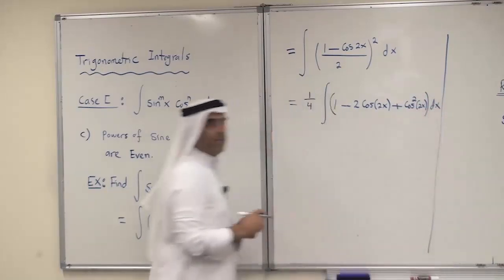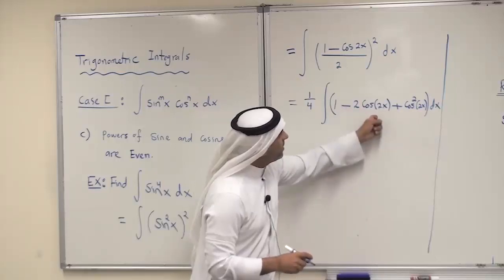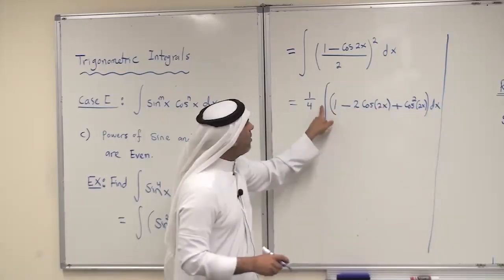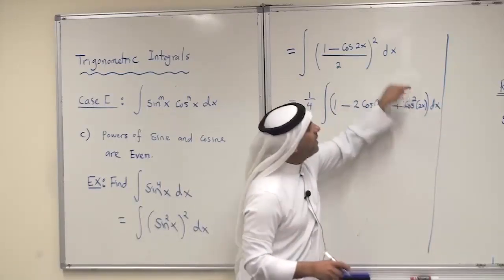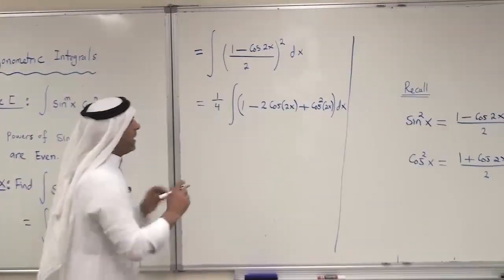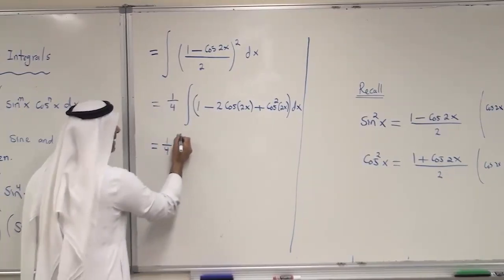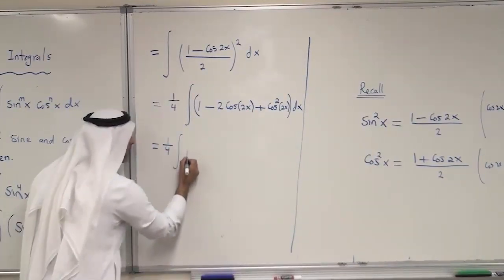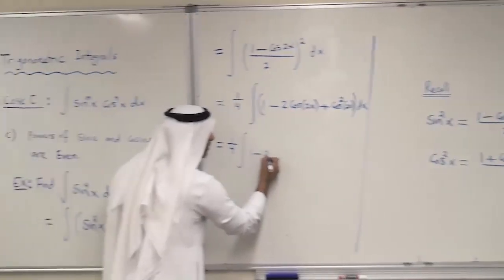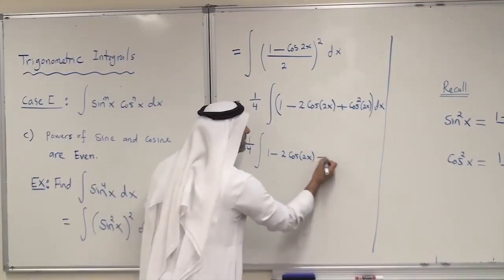Fine. Two of them are easy to be integrated, the first and the second one. The third one, I have integral of cosine to an even power. Again, I will use these two identities to simplify. What do we get? We will get the following. It is 1 over 4 times the integral of, look, I have 1 minus 2 cosine of 2x plus, what is this?